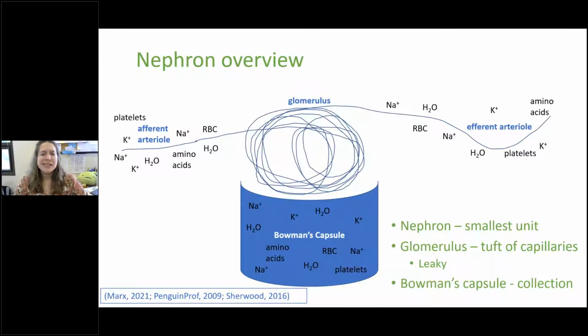The glomerulus is considered leaky because of fenestrated endothelial cells, allowing the materials to move between the capillary and the capsule. About 20% of the plasma is filtered in the glomerulus, amounting to 47.5 gallons per day, about 65 times the amount of blood an average person contains. The material is moved from the capsule into the tubular system of the nephron.